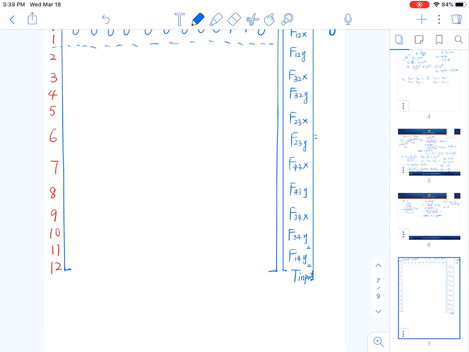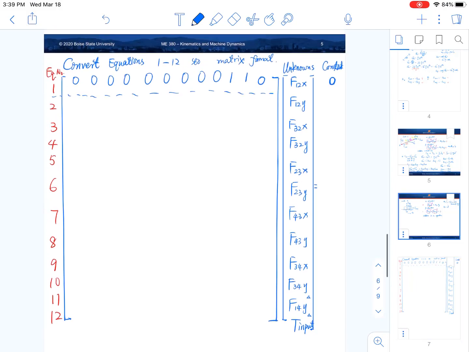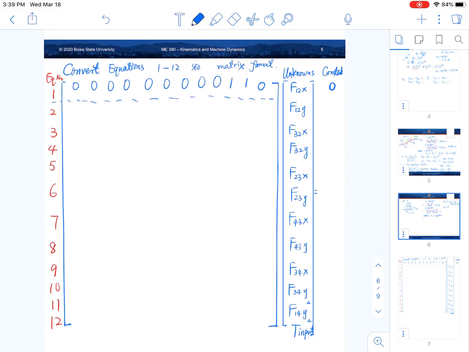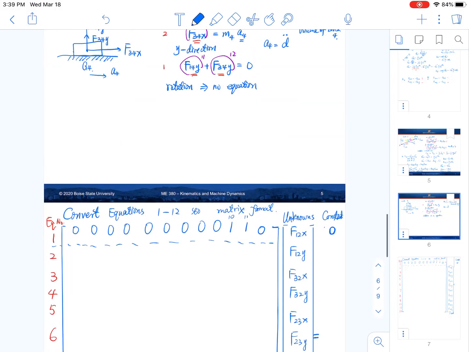Their coefficients are 1. All the rest of them are 0. So that's why you put 1, 1 for the 10th column and 11th column, and then all the others are 0. On the right hand side, this is the equal sign. You fill in the constants on the right hand side of the equation. In this case, it's all 0. So that's why you have 0.